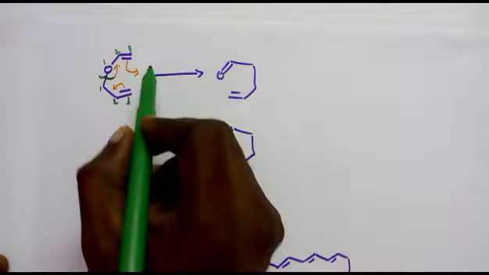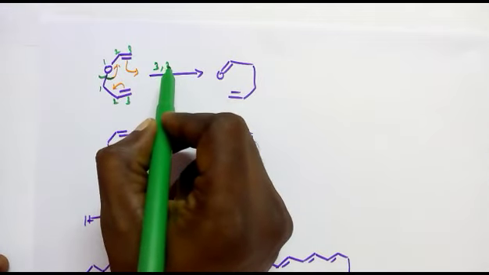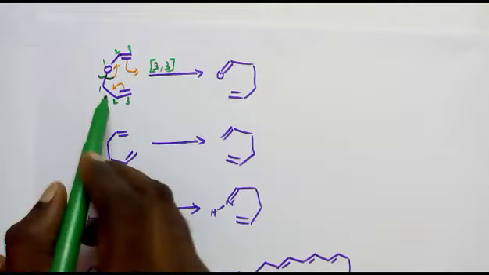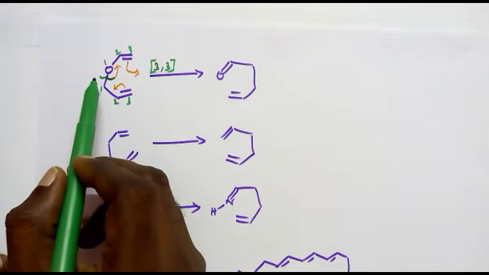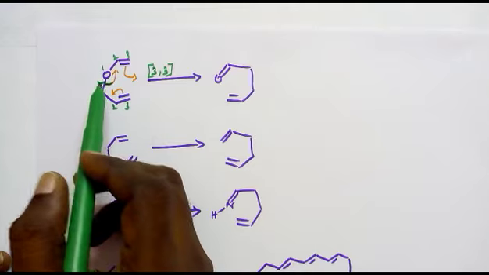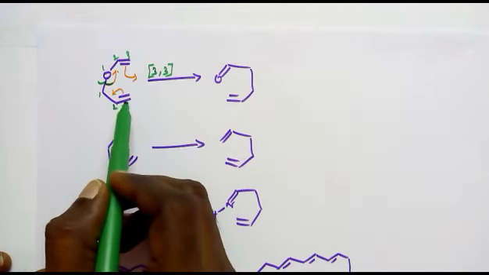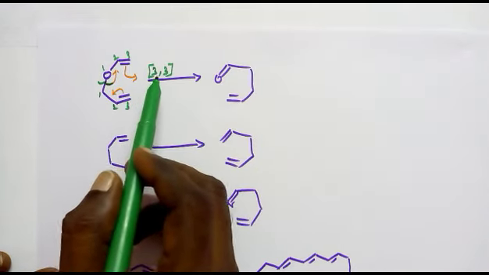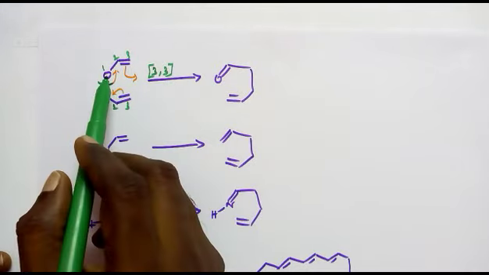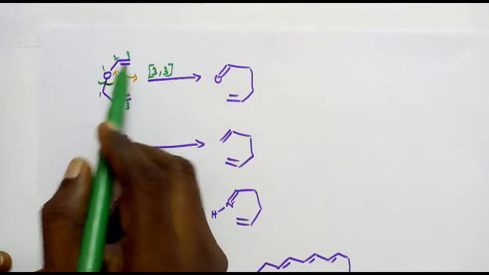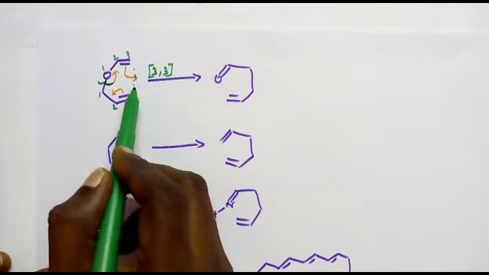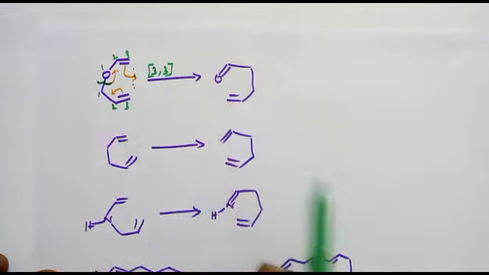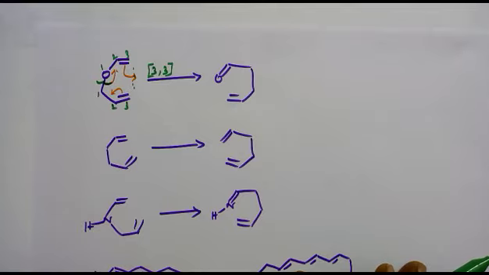So this is called a 3,3 sigmatropic rearrangement, because here 3 atoms, there 3 atoms. After the sigma bond breaks, the other side has 3 atoms and this side 3 atoms, and it forms a new sigma bond here. That is why it is a 3,3 sigmatropic rearrangement.